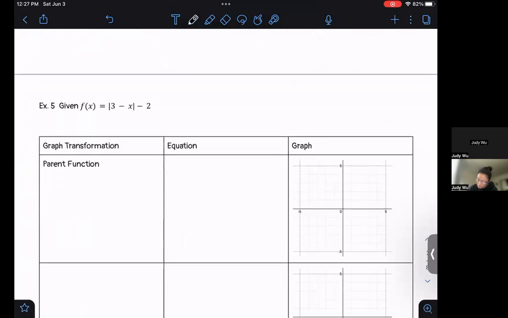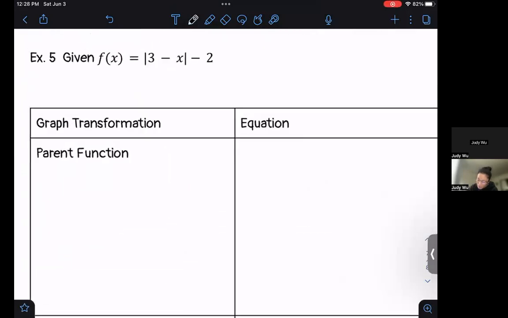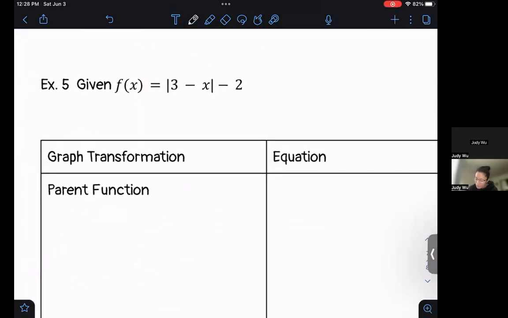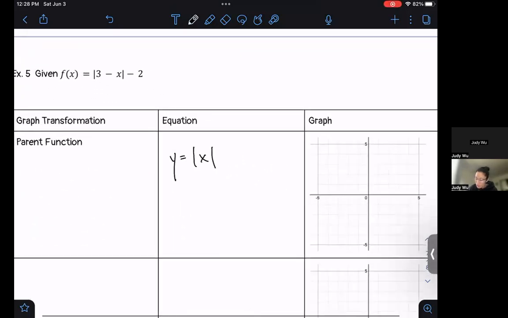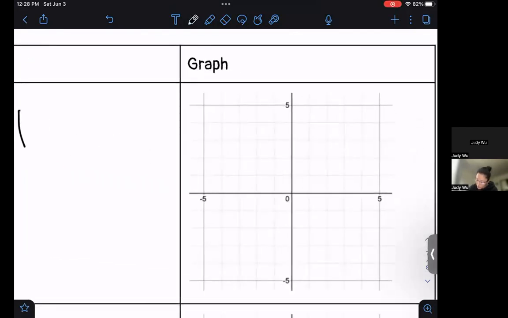Let's get through those. Example 5, all right, we've got, given f of x equals the absolute value of 3 minus x, minus 2. Now, the parent function here is y equals the absolute value of x. And so before we actually talk about the transformations, let's go ahead and draw our absolute value graph, all right?